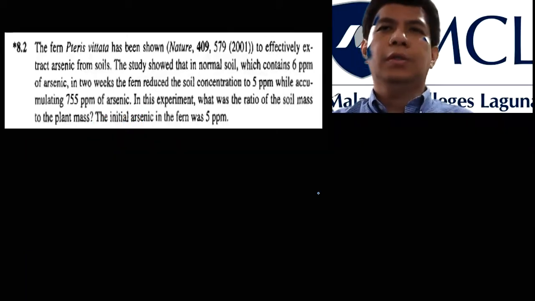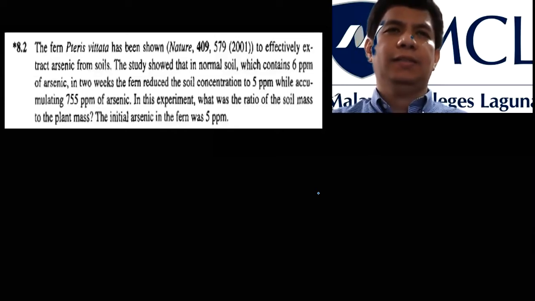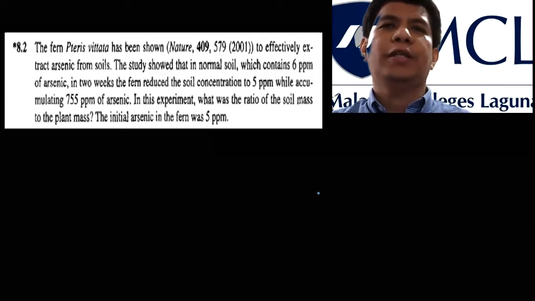Okay. So this is problem 8.2. The fern Pteris vittata has been shown, from the journal Nature 409, 579, 2001, to effectively extract arsenic from soil.